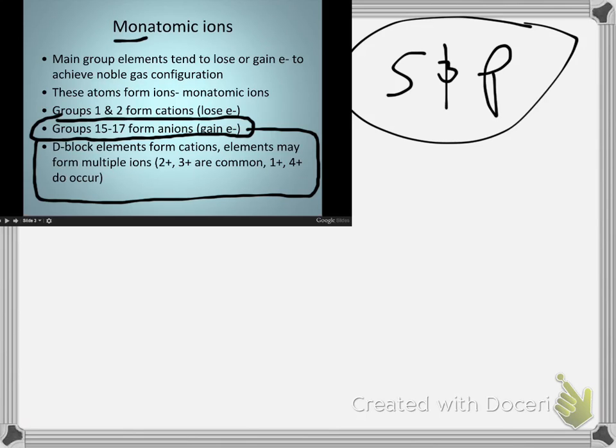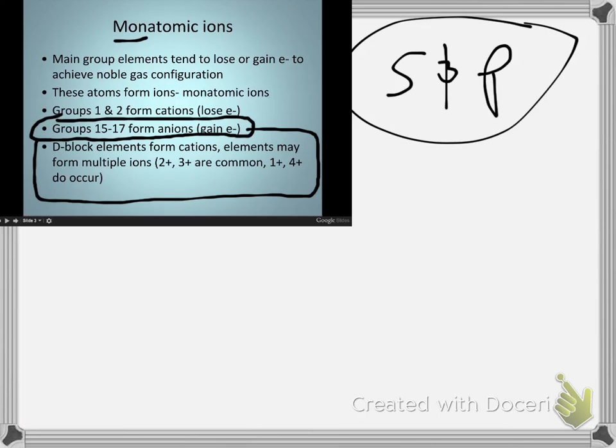So we talk about the sea of electrons. Well, what that means is that those transition metals can form multiple ions. So they may form, and there are ones that they most commonly form, but they can form +1, +2, +3, +4. There are some that form +5 and +6. We don't really talk about those much.